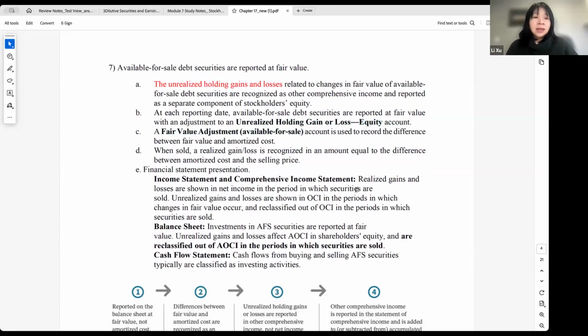Another important thing: during the exam, I know you are short on time. You can just write FVA, perfectly fine, or unrealized G and L. It's fine, as long as I can tell, that's okay.